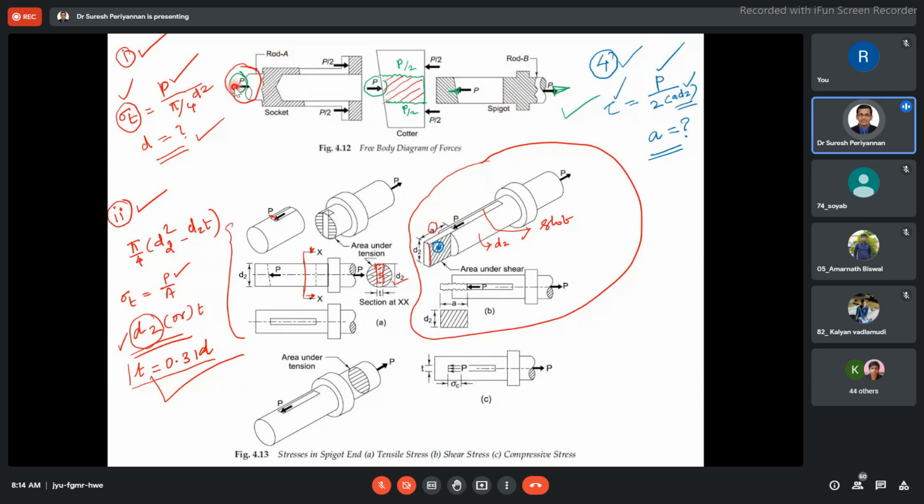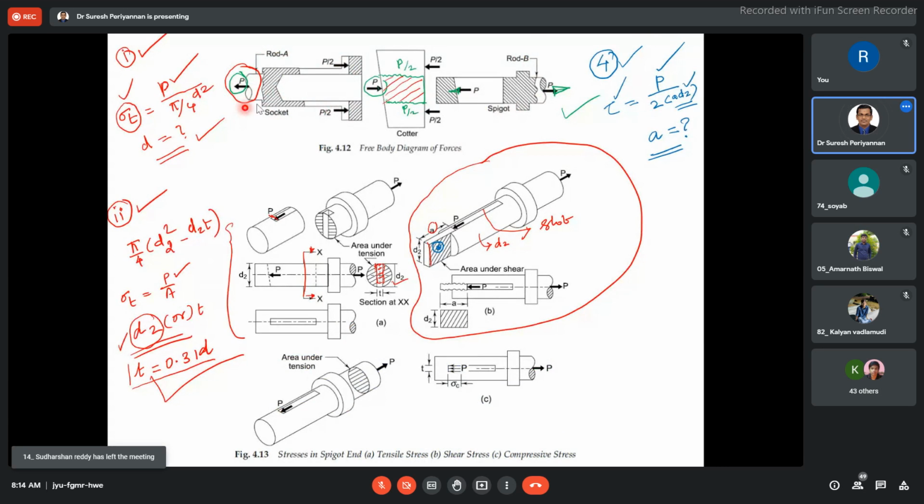If I consider P on the left side of the socket rod, then here it is P by 2, because of the hollow section. The force will be distributed P by 2. Then the summation of the force is going to be 0, so the socket component is in mechanical equilibrium.